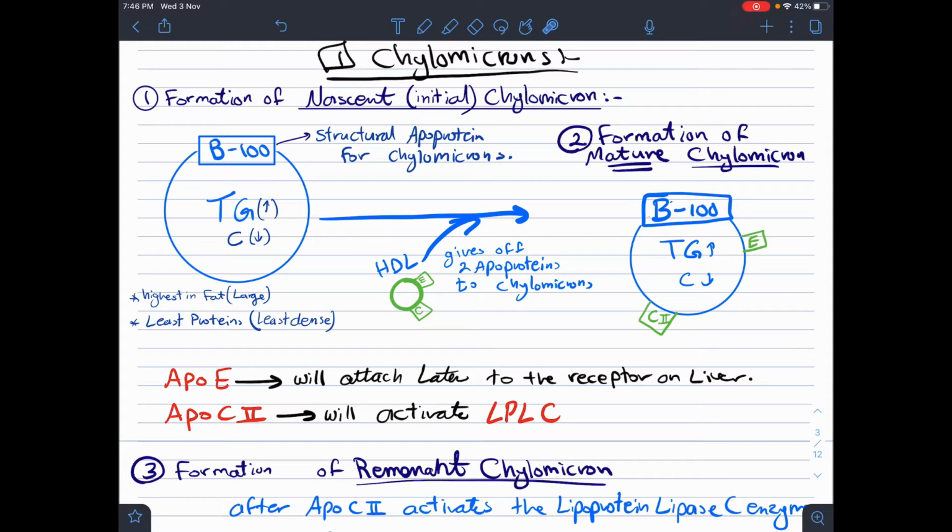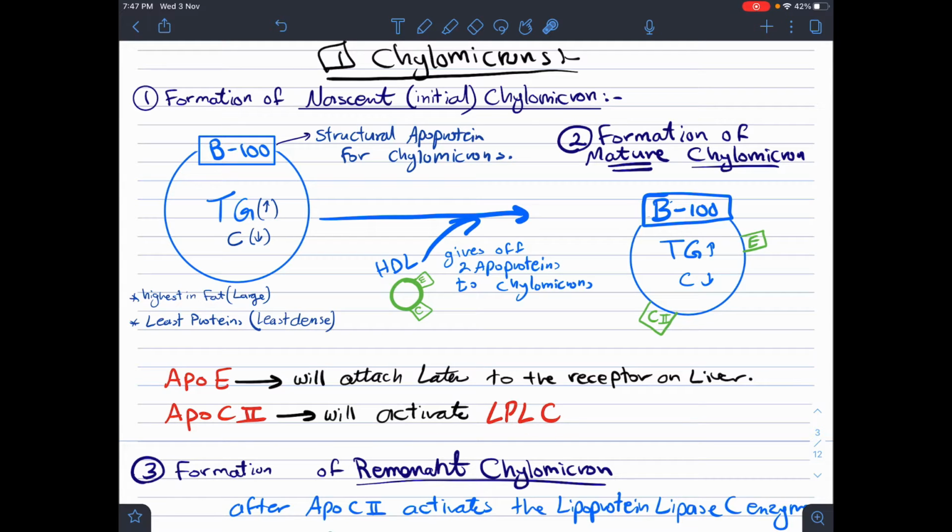Each one has its own function, and now we're going to see why the HDL donated these two. The ApoC2 is going to activate a very important enzyme, the lipoprotein lipase. So when the ApoC2 gets onto the chylomicron, which is now a mature form, ApoC2 will activate the lipoprotein lipase.